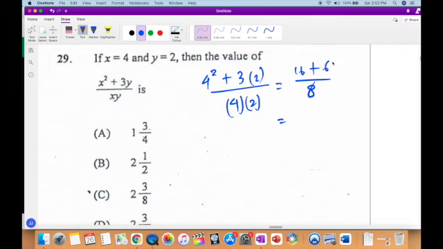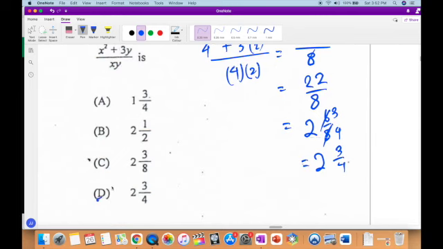So 16 and 6 is 22 over 8. And I know 8 2s are 16, so that'll be 2 and 6 over 8, which is 2 and 3 over 4, which is D.